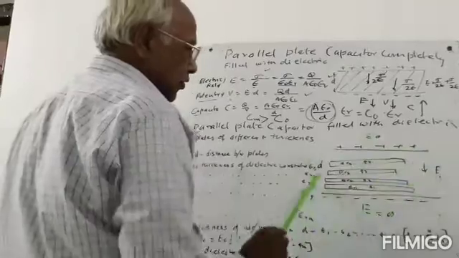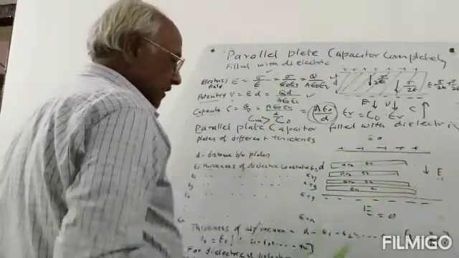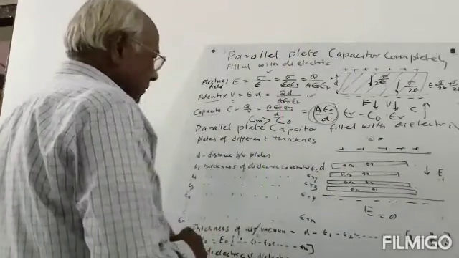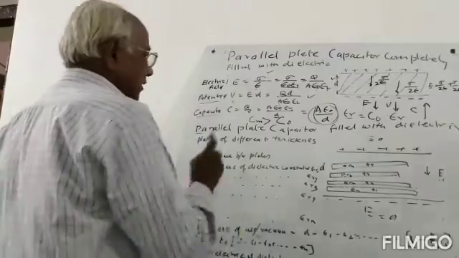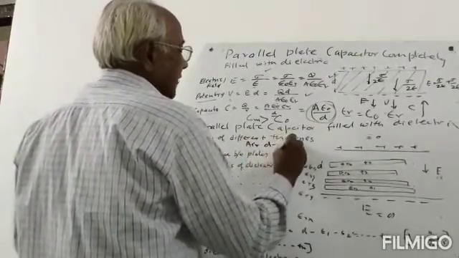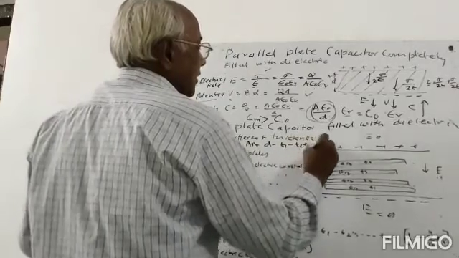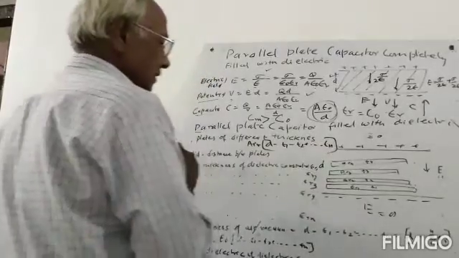The air will be equal to d minus the sum of the thicknesses of the plates. So the air will be d − t1 − t2 − ... − tn. So this is the space available for the air.